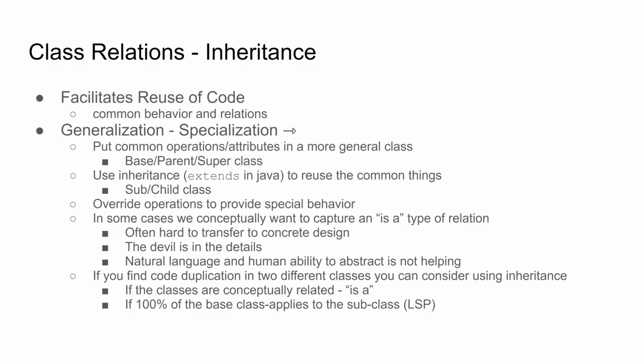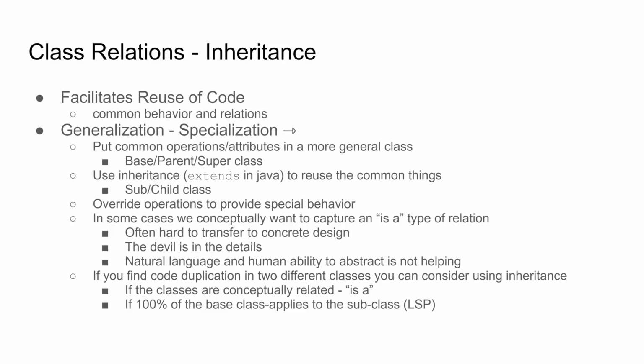The main benefit of inheritance or generalization specialization is that we can reuse code. So we can have common behavior in more general classes, and we can have special behavior in more special classes.